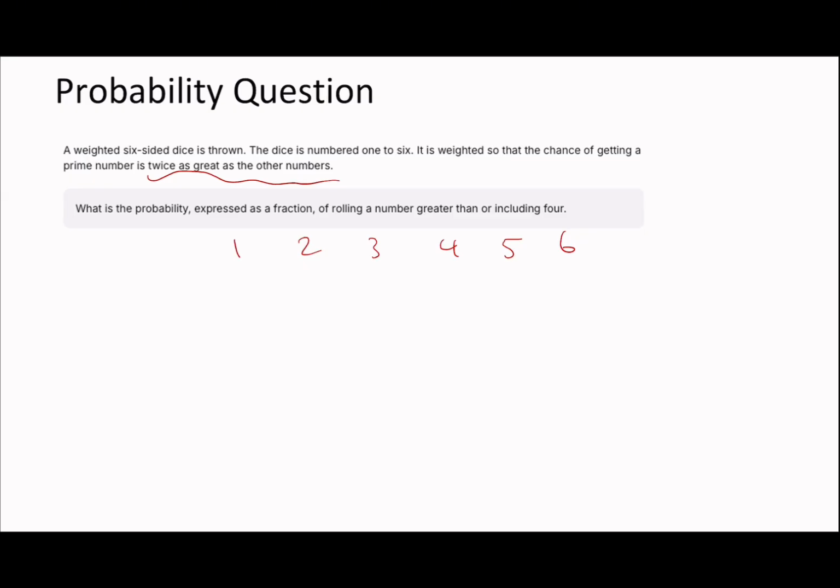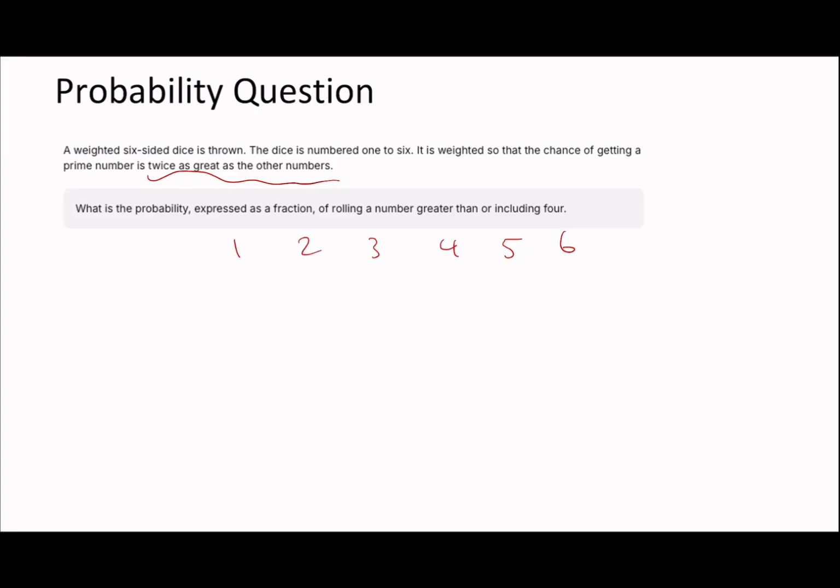Remember, just a quick definition for what a prime number is. A prime number is a number that has two individual factors that go into that number, but the two numbers have to be separate, they have to be different. So 1 isn't a prime number because its factors are 1 and 1, but they're the same thing. But 2 would be a prime number despite it being even, because its factors are 2 and 1, and there's only 2 of them.